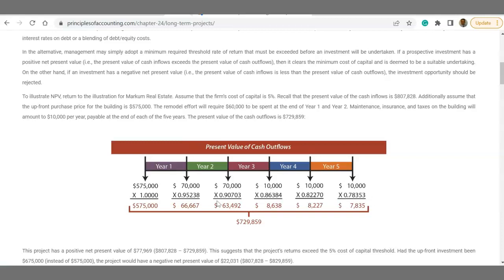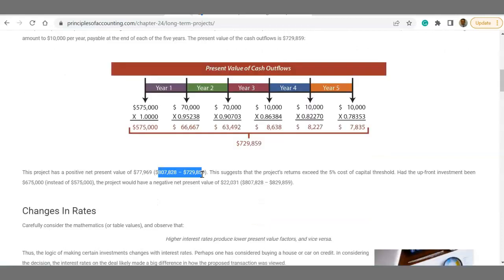So you combine that, and the present value of cash outflows will be $729,829. And you compare this to a cash flow of $729. It gives you a positive net present value. This suggests that the project returns exceed a 5% cost of capital threshold.